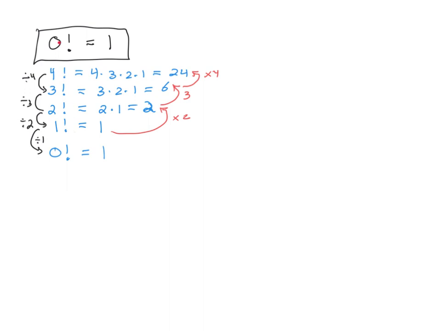So not only has factorial been defined to include 0, it's been defined to include a lot of other numbers. In fact, the generalized formula for n factorial is equal to, and don't worry about this notation, the integral from 0 to infinity of t to the power of n times e to the negative t dt, whatever all that means.